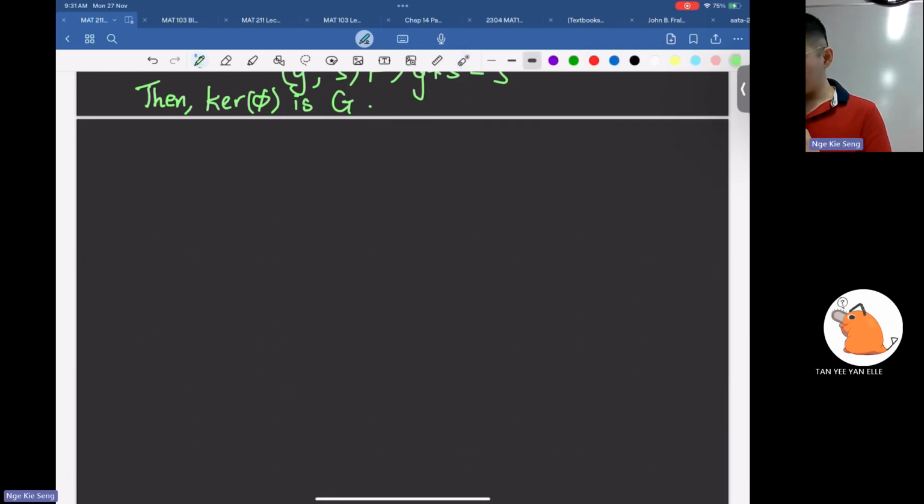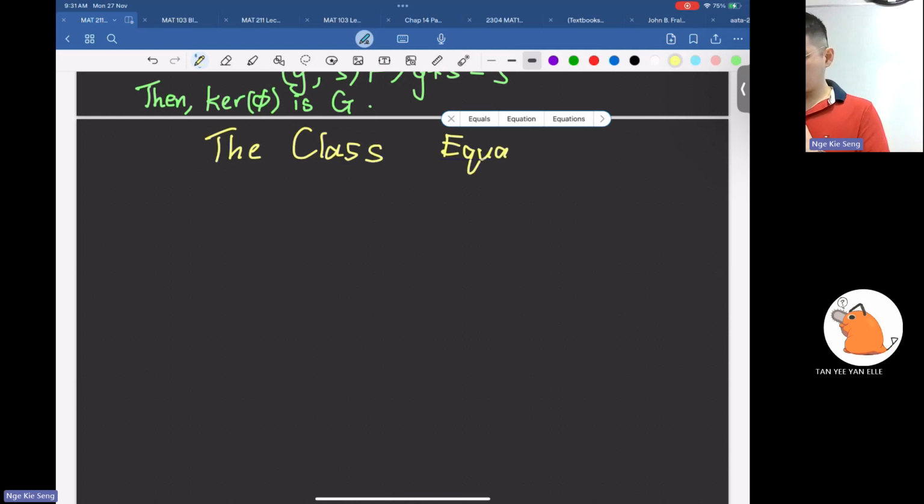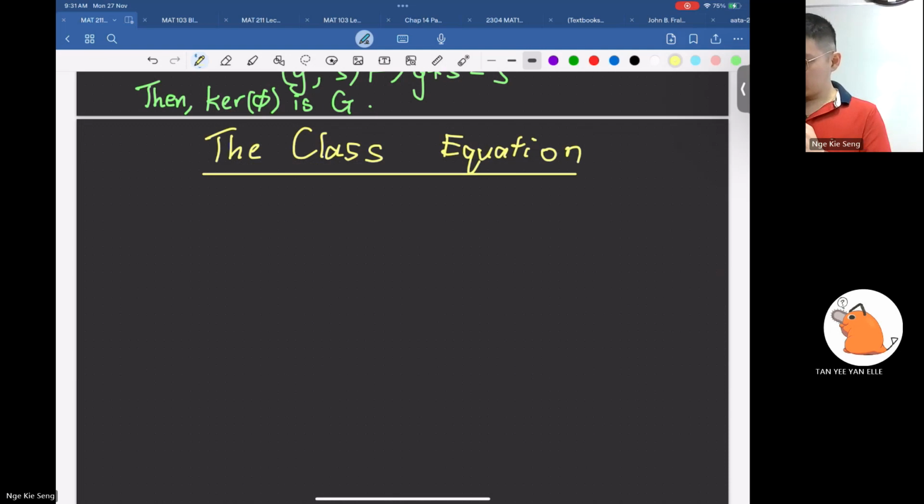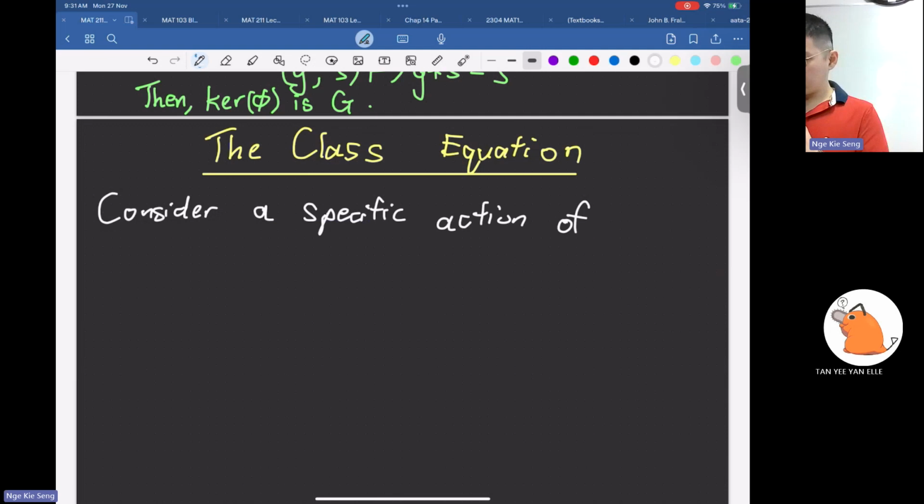Okay, let's finish up the last part on the group action. So we have looked at a specific group action on cosets. Now we will look at a special action on G. Let's consider a specific action of G on itself, G acting on G. We can use group multiplication to do that, but that one would be just the normal regular representation.